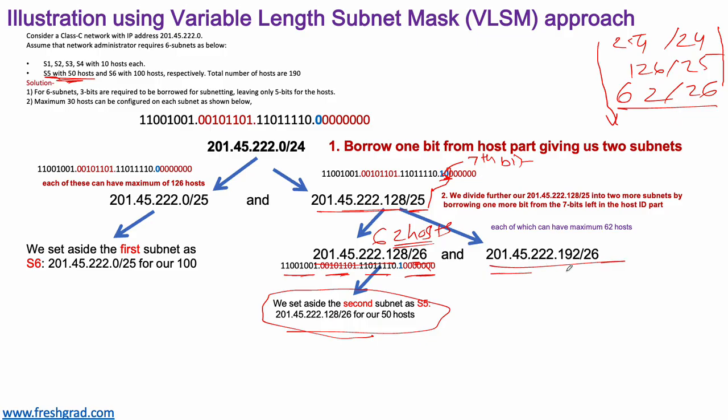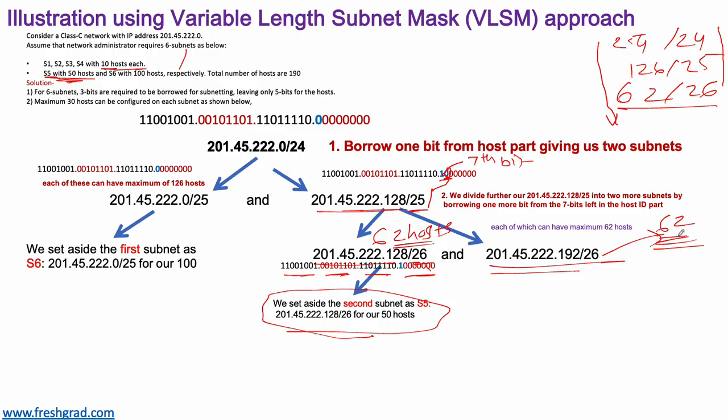Now, what is our requirement here? This one has 62 hosts, right? So if you divide it into four equal subnets, that means we can easily address the requirement. Our requirement is we need four subnets and each subnet needs 10 hosts, right? So subnets 1, 2, 3, 4 with 10 hosts each.